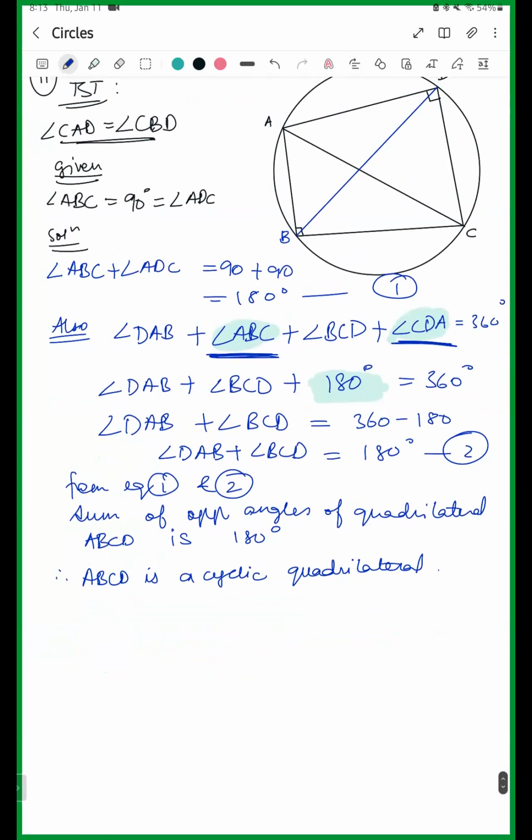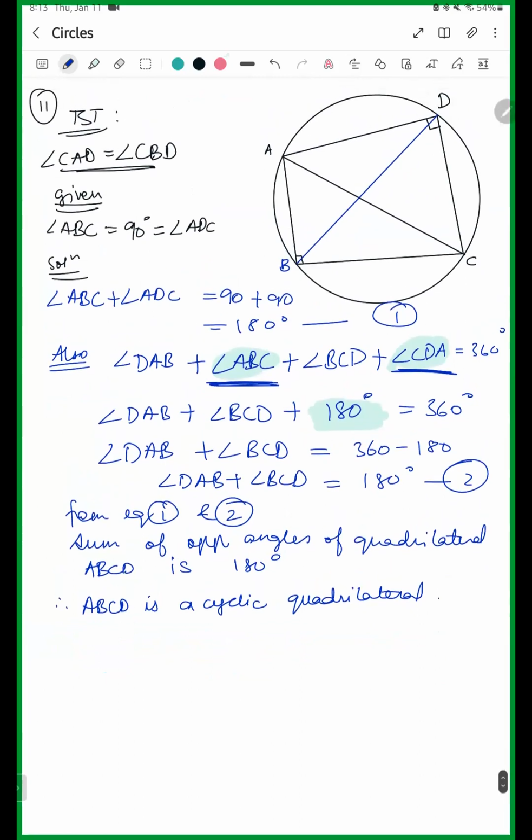Okay. Now the next part is very simple. You just have to show that angle CAD, which is this one, is equal to angle CBD. CBD is this one. That's all you need to show now. So if it is a cyclic quadrilateral, that means we can draw a circle around it.